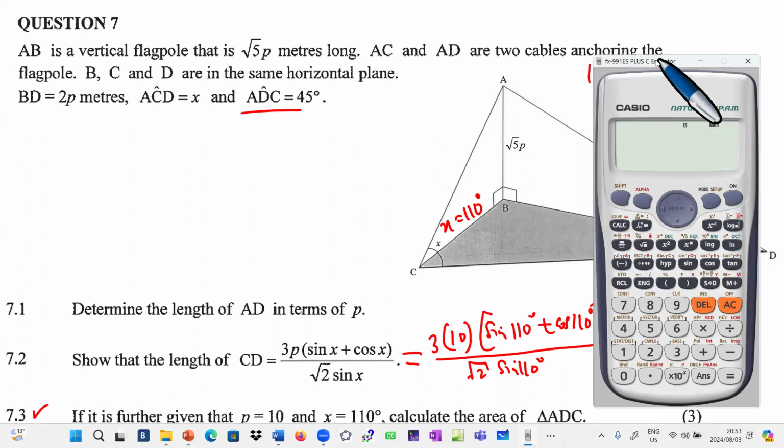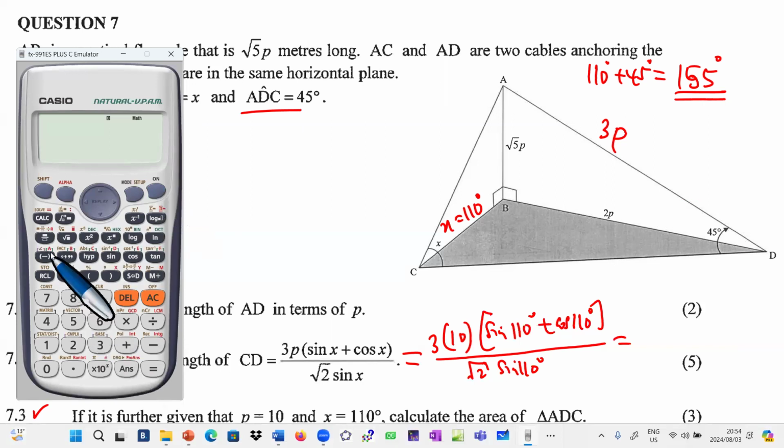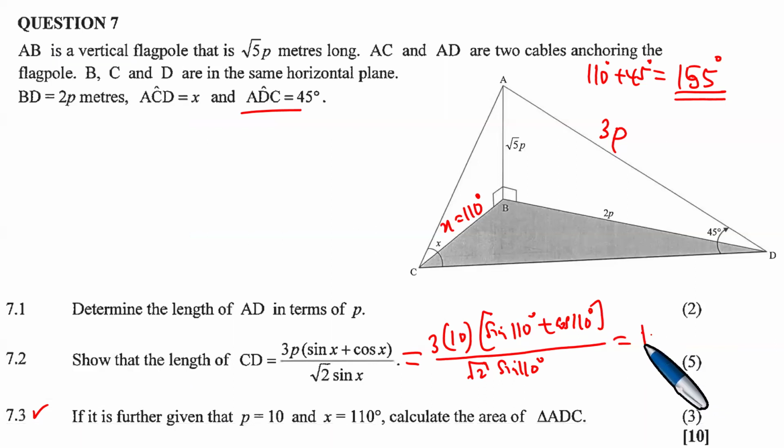So we have 3 times 10 times sine 110 cosine 110 over root 2 times sine 110, which is actually 13.49. So 13.49 meters.